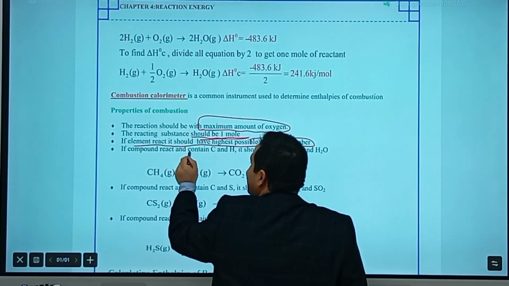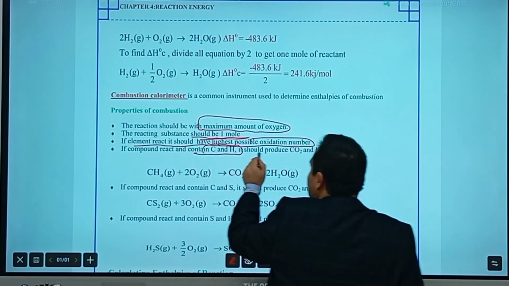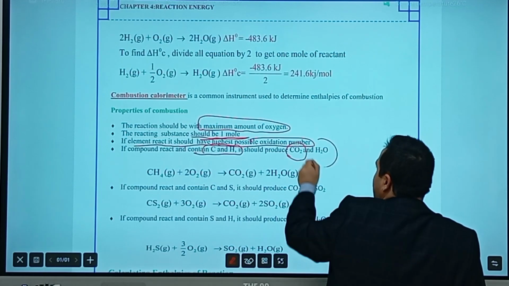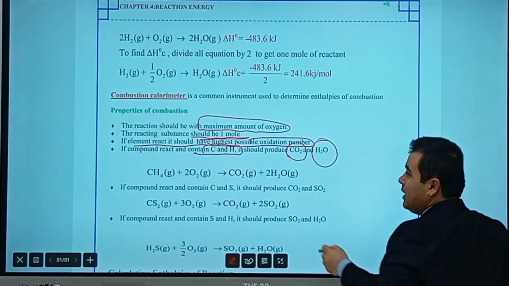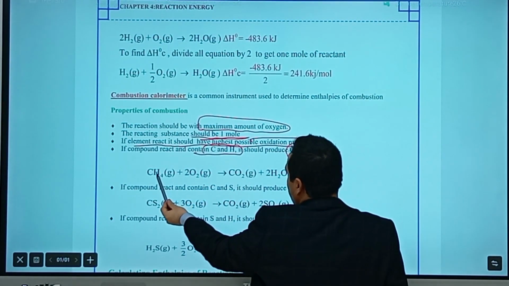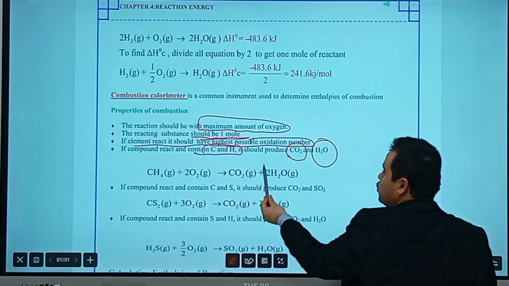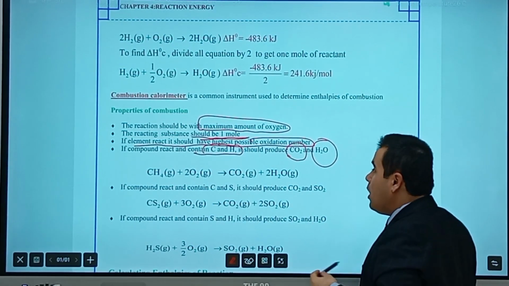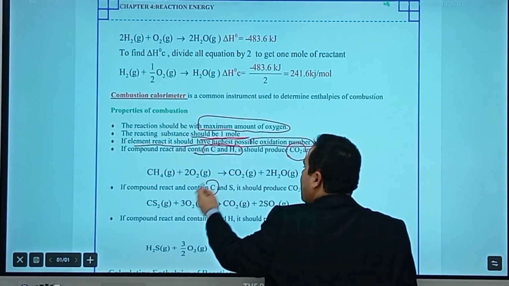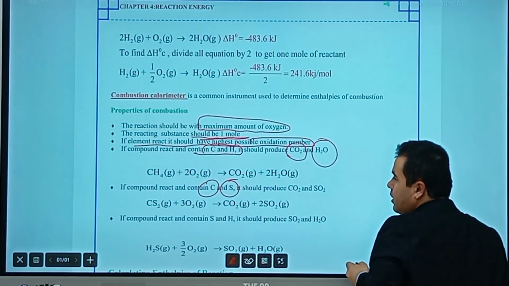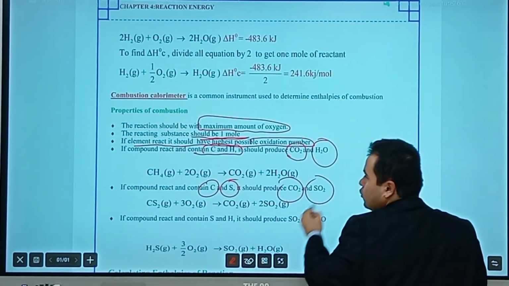If a compound that contains carbon and hydrogen reacts, guys, it will always produce carbon dioxide and H2O. Example, like the hydrocarbons. All the hydrocarbons, when they combust with oxygen, will produce CO2 and H2O. But if carbon and sulfur combust with oxygen, they will produce CO2 and SO2.